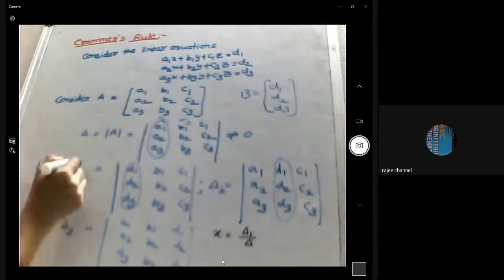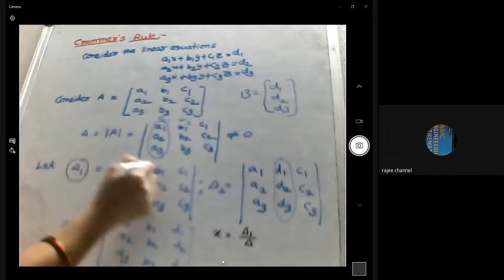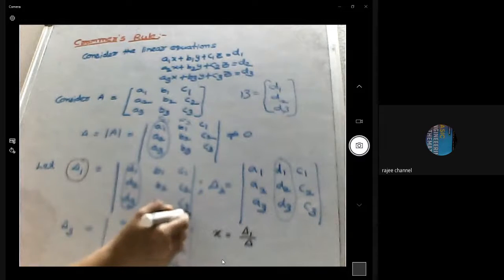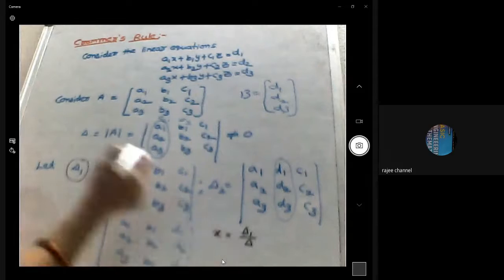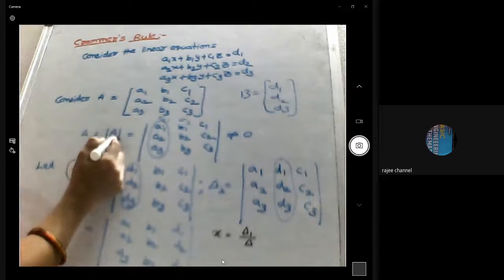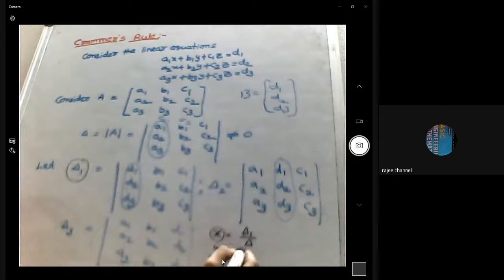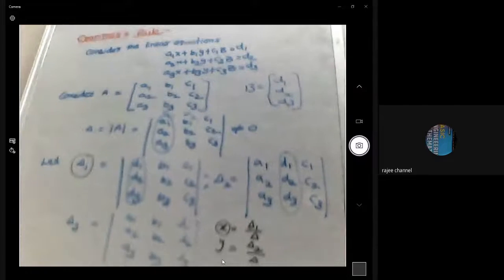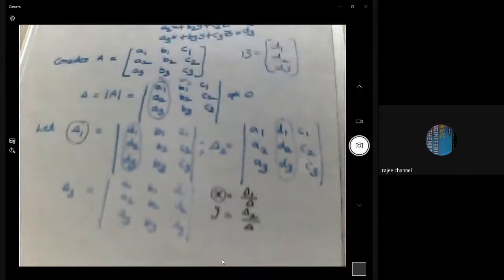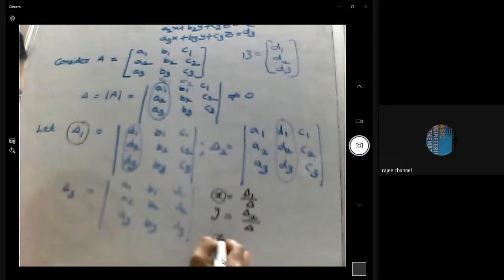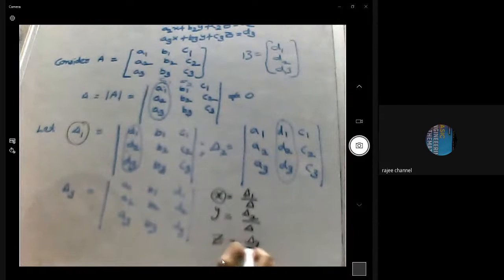So we find the delta 1 value, and that value divided by the delta value, that is determinant A, is equal to x. Next, the y formula is delta 2 by delta. Next, the z value is equal to delta 3 by delta.